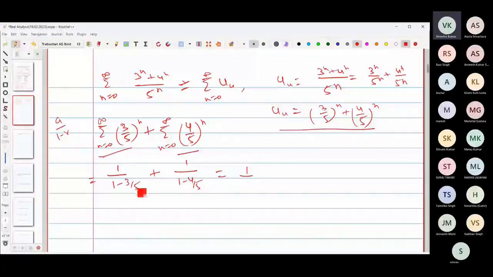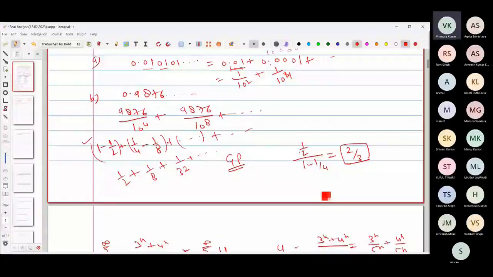So 5 by 2, I guess, plus this one is 5. So 5 into 2, 10 plus 5, 15 by 2. So this is the sum. In this case here, which one did we do? This one, I guess. Yeah, this one.